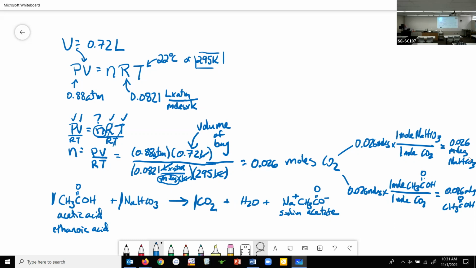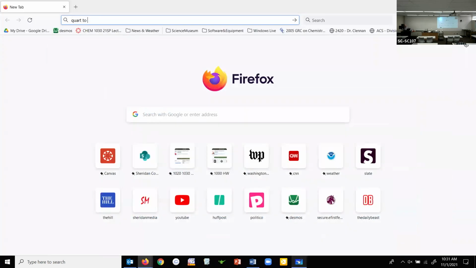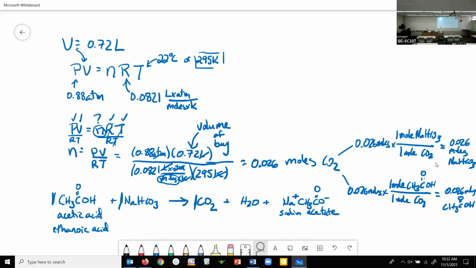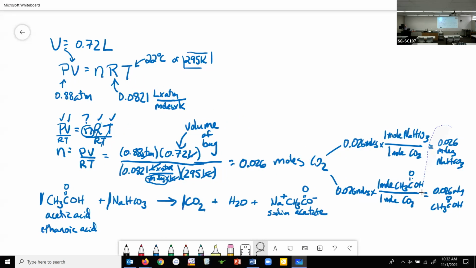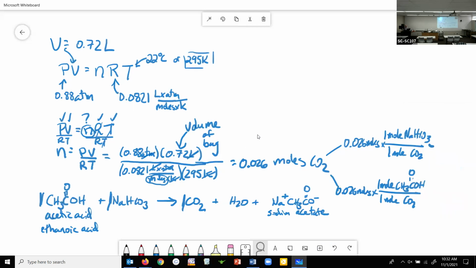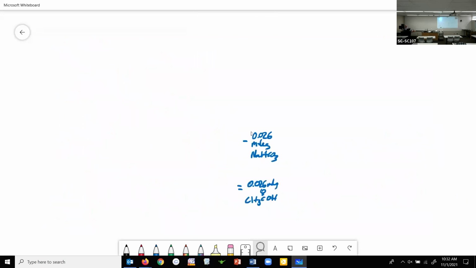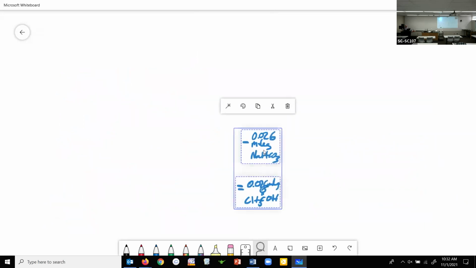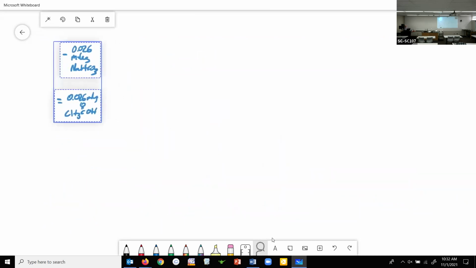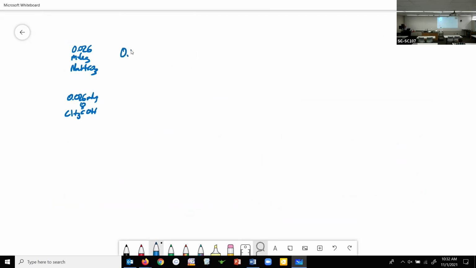Okay, so I'm going to clear the board. I'm just going to borrow these 2 numbers here. Copy here: 0.026 moles of baking soda, 0.026 moles of acetic acid.